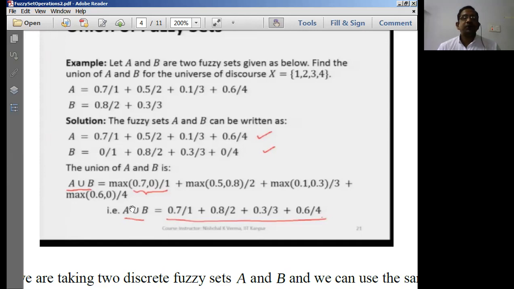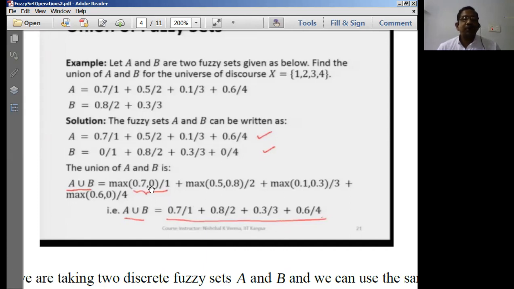Once we do these two things, you have to find A union B. A union B means simply the max of these two elements: max of 0.7 and 0, then max of 0.5 and 0.8 for element 2, for element 3 max of 0.1 and 0.3, and similarly max of 0.6 and 0. The maximum of 0.7 and 0 is 0.7. The maximum of 0.5 and 0.8 is 0.8.